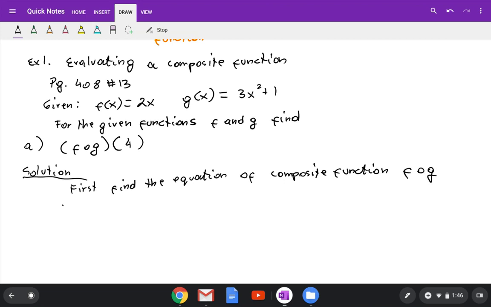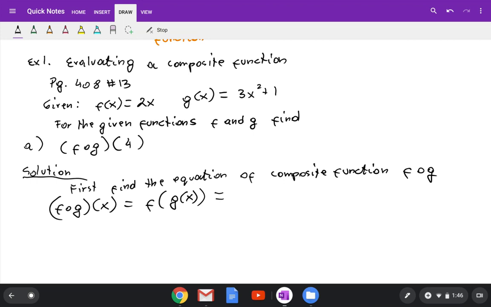Okay, so f composed with g of x, by definition, you start with function f, and the inside function is the second function, which is g of x. Okay, so how is that going to work?